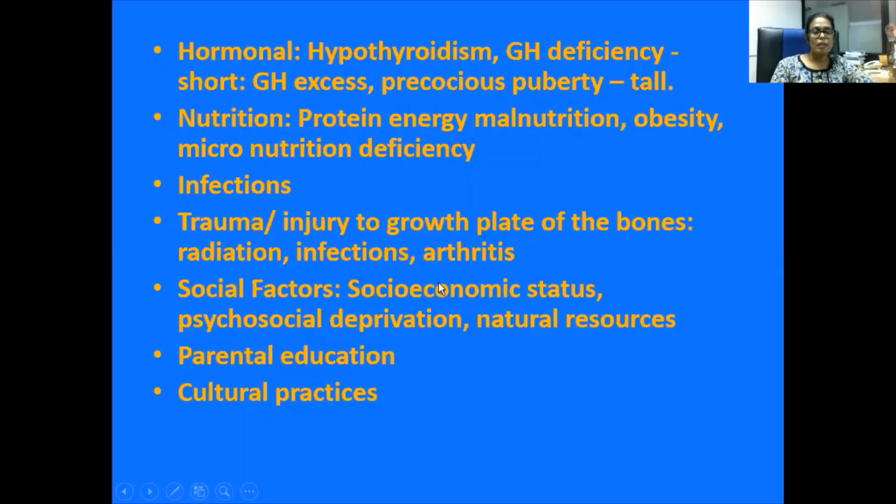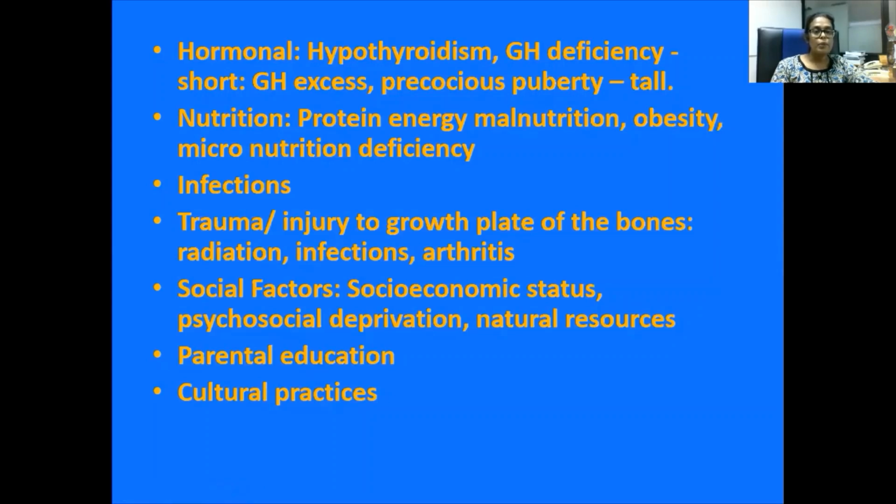A very important thing is social factors. Socio-economic status, by way of poor nutrition. Then psychosocial deprivation, where there is enough food and everything, but there is no love and nurture which the child needs, and that will also adversely affect growth. Natural resources: in certain areas, certain foodstuffs may not be available, which may result in deficiency of that nutrient.